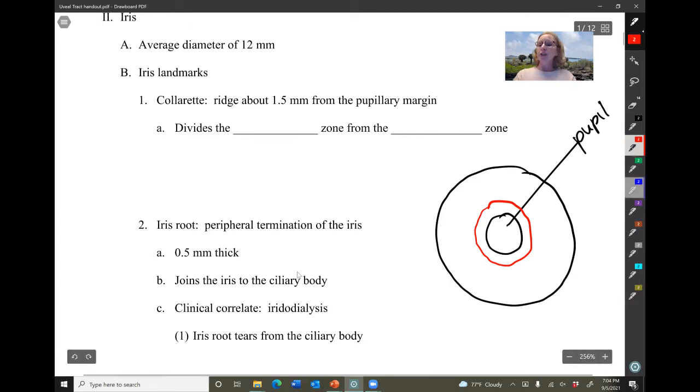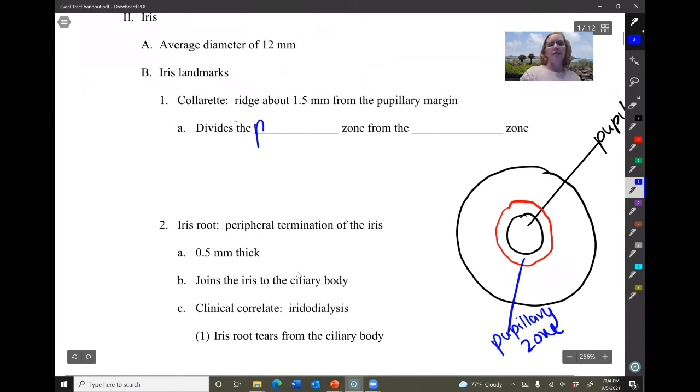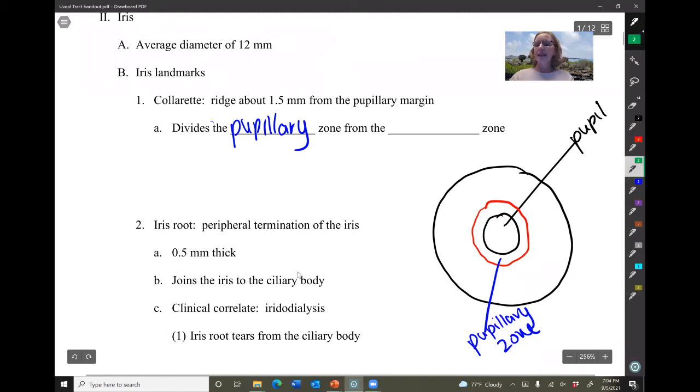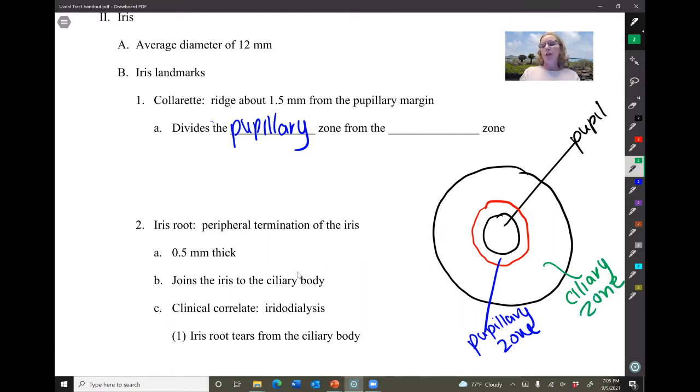One of the regions is the pupillary zone. And as you can guess, that's the zone closest to the pupil. And it divides that from the ciliary zone. And ciliary is for ciliary body, so it's closer to the ciliary body.